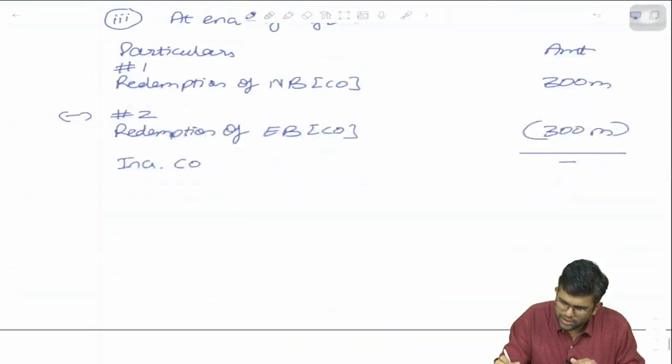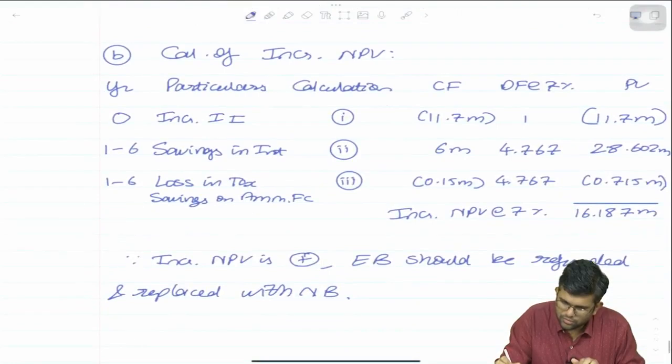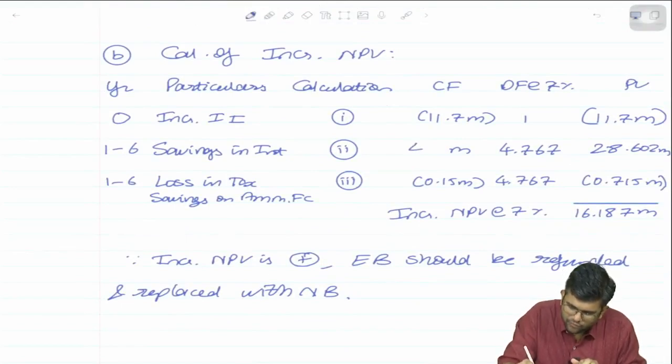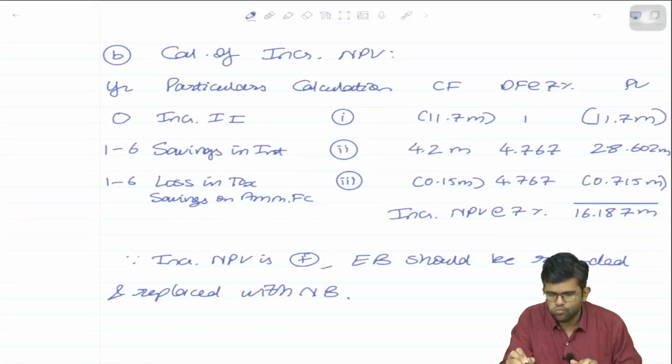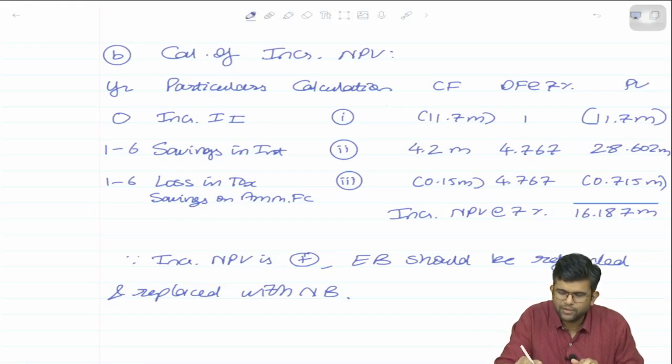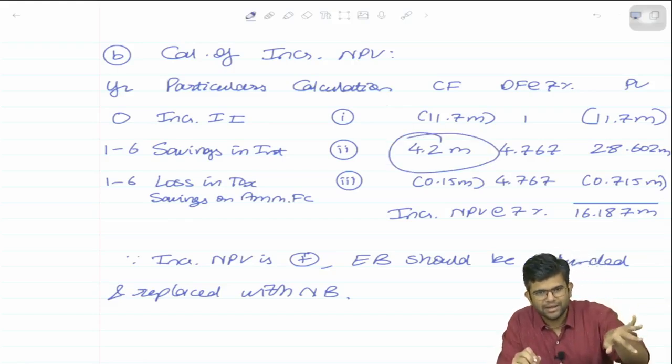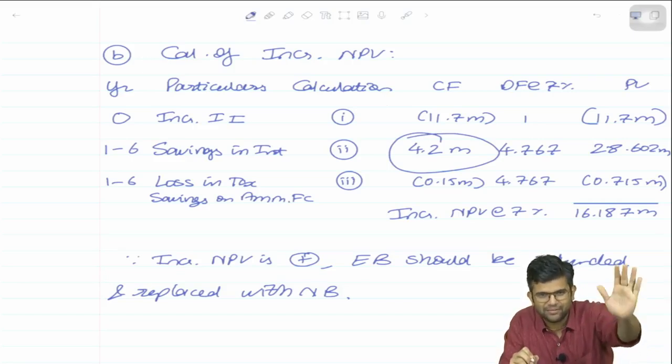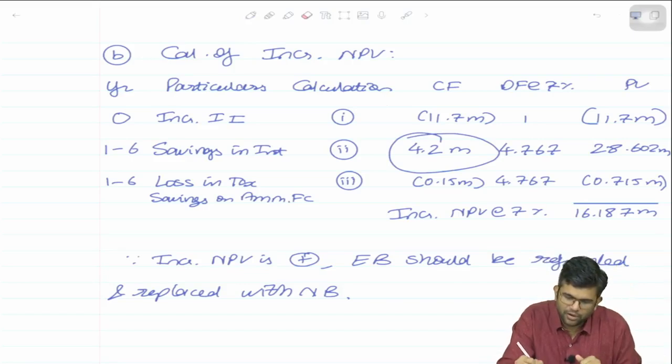I'll take this down, and savings of interest, instead of 6, we will take 4.2. You remember it was 6 million incremental earlier; minus 30% is 4.2. Directly also we could have done incremental interest minus 30%, but we did the long way properly.